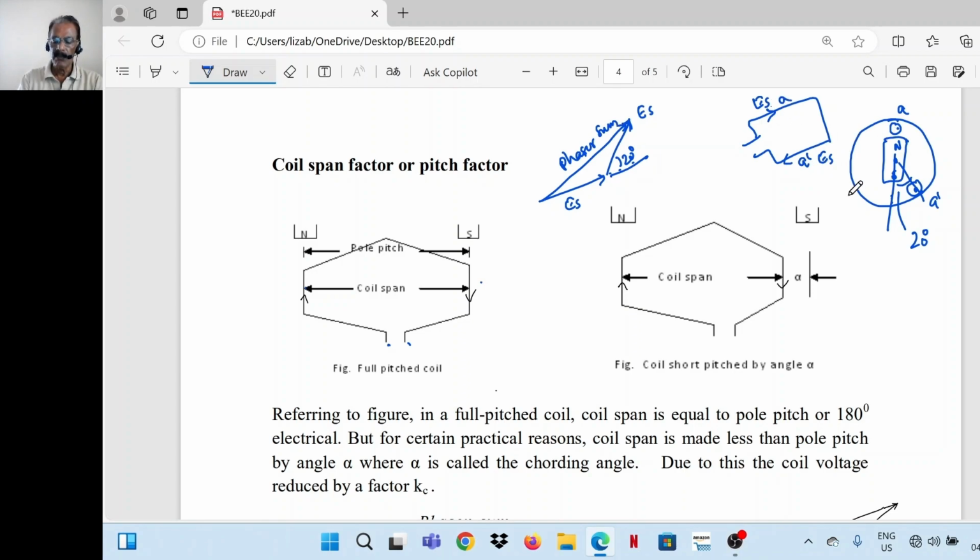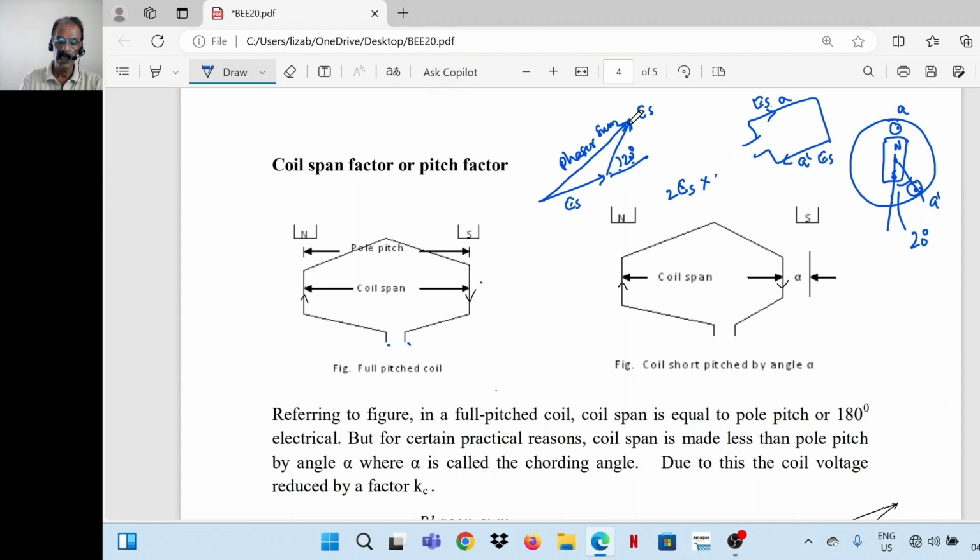If the coil sides are 180 degrees apart, then the EMF will be 2 ES. But in this case, it is less than that. That is the effect of coil span. So to get the voltage induced in the coil, the voltage should be multiplied by a factor called the coil span factor. If the coil sides are 180 degrees apart, 2 ES is the EMF induced.